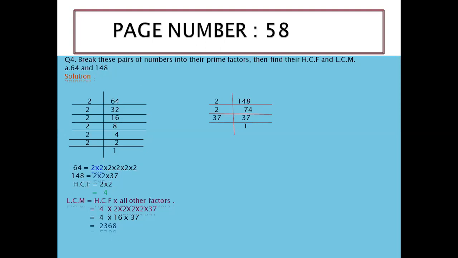So for all other factors, we write there 4 2's and 37. After the multiplication of 4 into 16 into 37, we have 2368. The LCM is 2368. LCM of 64 and 148 is 2368, and HCF is 4.